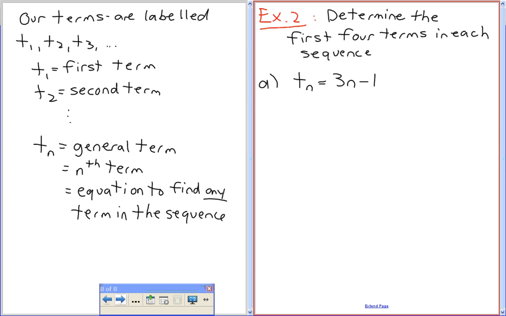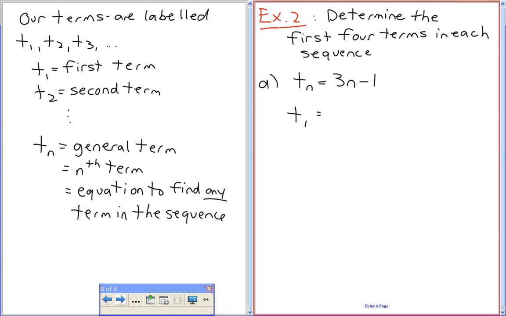If I say to find T1, Jake, any idea of how I find T1? What would I do for that? Any idea? Yeah, 1 for what?